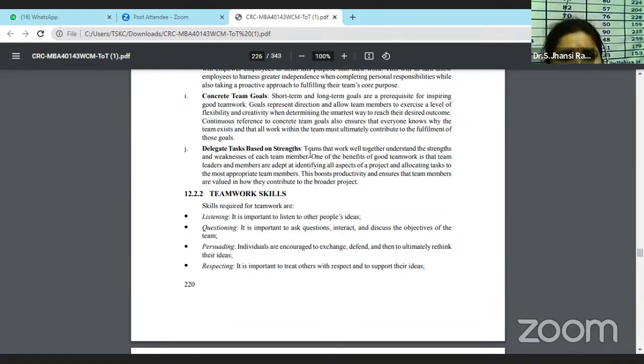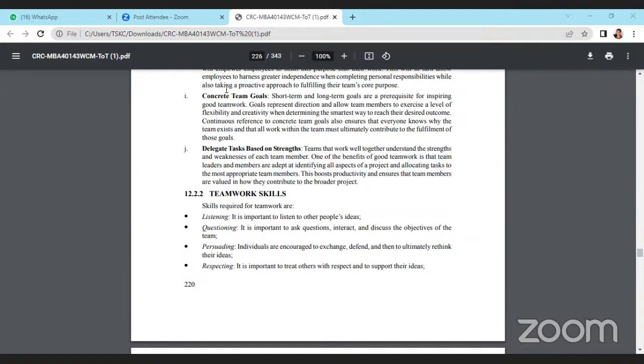Teams that work well together understand the strengths and weaknesses of each team member. One of the benefits of good teamwork is that team leaders and members are adept at identifying all aspects of the project and allocating tasks to the most appropriate team members. This will boost productivity and ensure that team members are valued in how they contribute to the broader project.